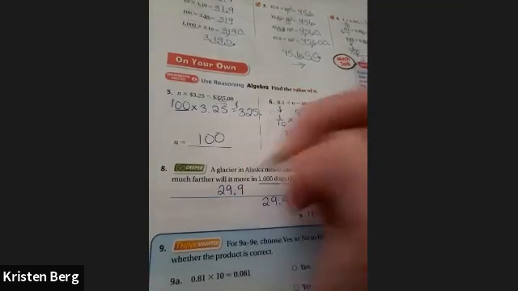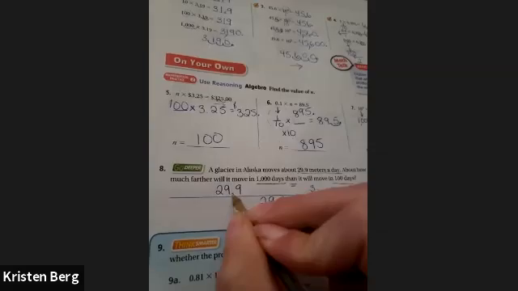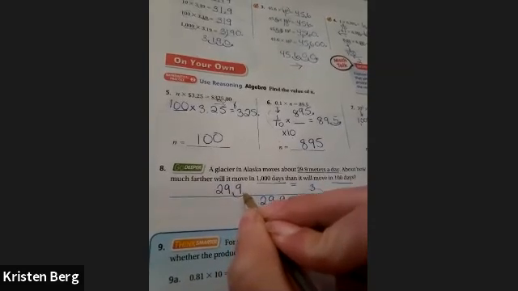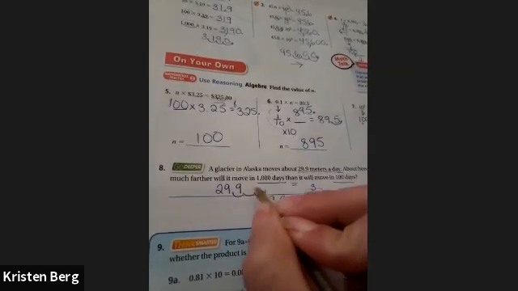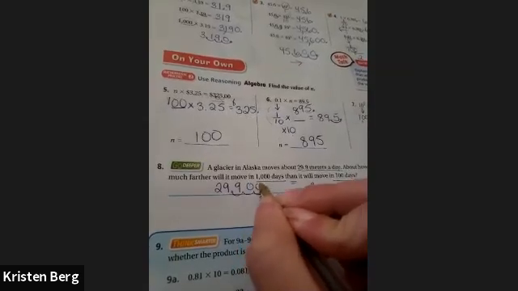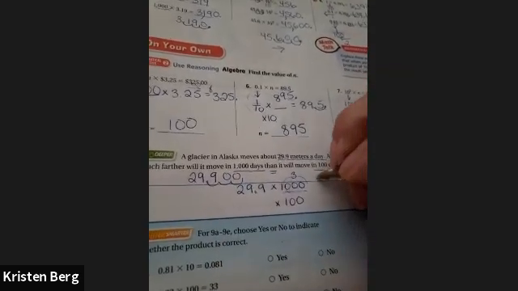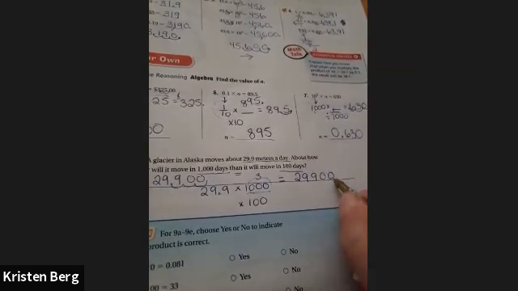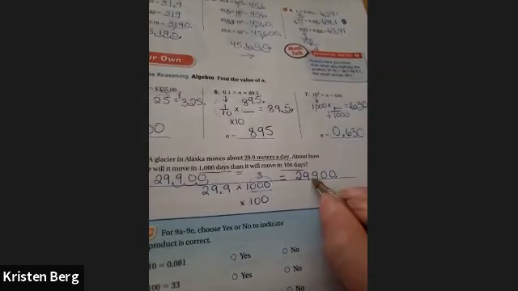So I'm going to find that decimal on this number, which is right here, and I'm going to move it 3 places larger. So therefore, this is going to be this number.